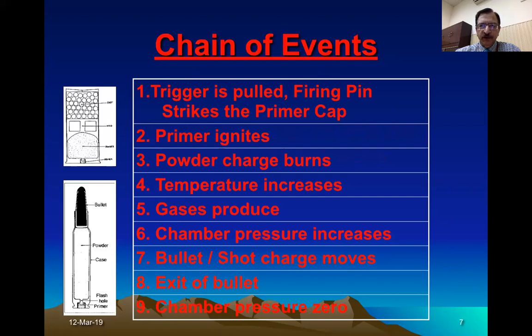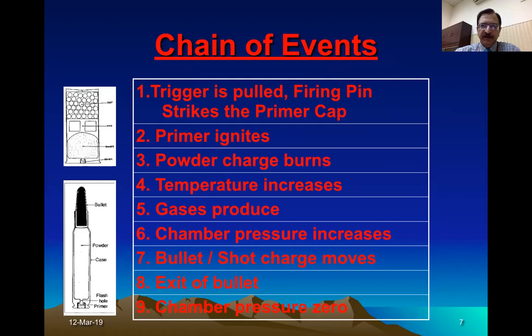When the trigger is pulled, the firing pin strikes the primer cap. The primer cap contains primer, which ignites. After its ignition, the anvil is lifted up and the flame enters into the main powder charge, which burns, thereby producing a tremendous amount of temperature and gases.